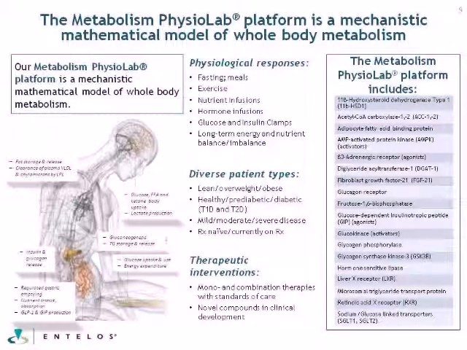The current version of the Metabolism PhysioLab platform contains more than 3,200 references and published papers. A variety of in vitro, preclinical, and clinical data were used to inform the mechanistic structure, which means how the biological processes are actually connected.